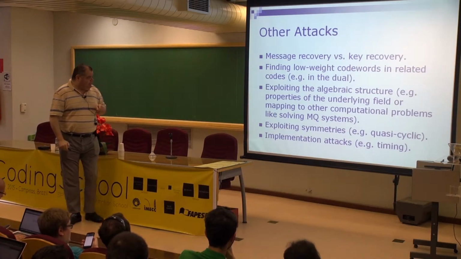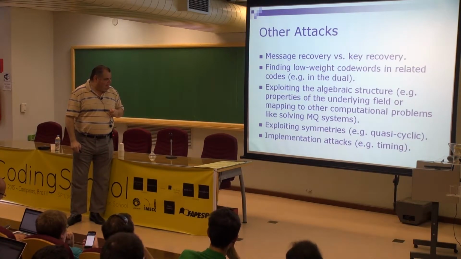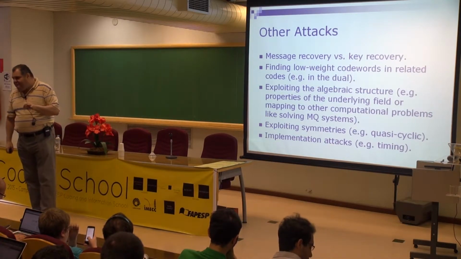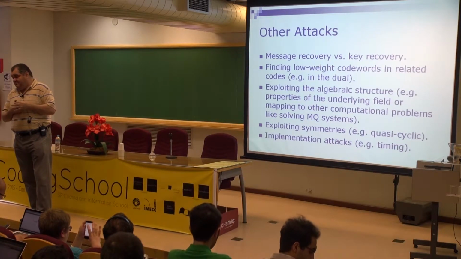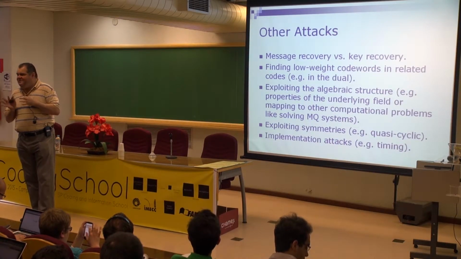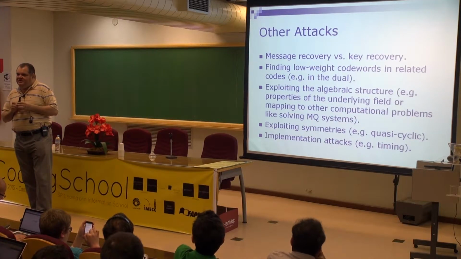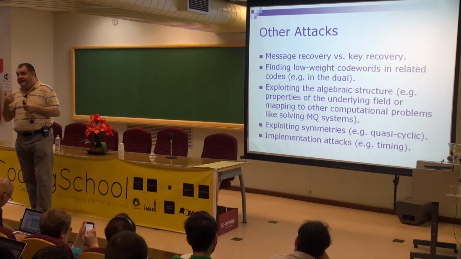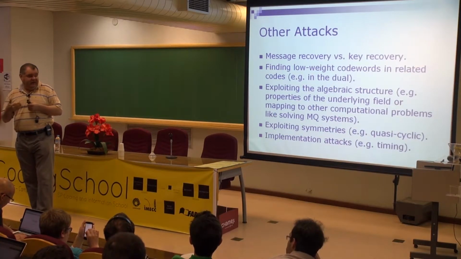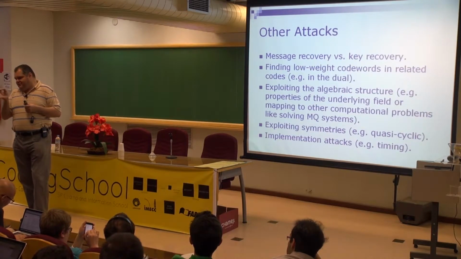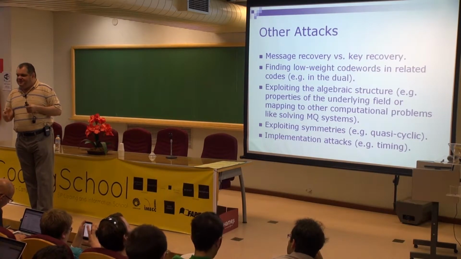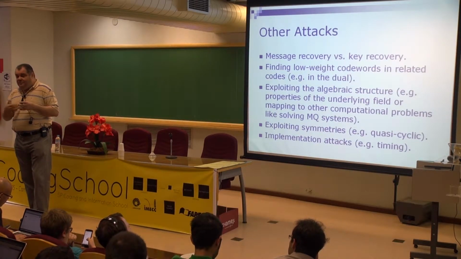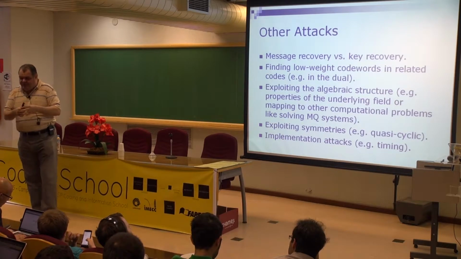Okay, we also have a type of attack that has nothing to do with the nature of the code or the nature of the decoding process, but just how we implement it. If our decoder runs slower or takes more energy when one particular bit of the private key is 1 than when it is 0, then in principle at least we could measure that.